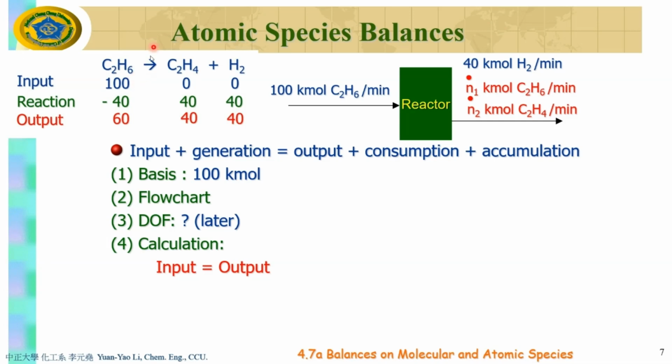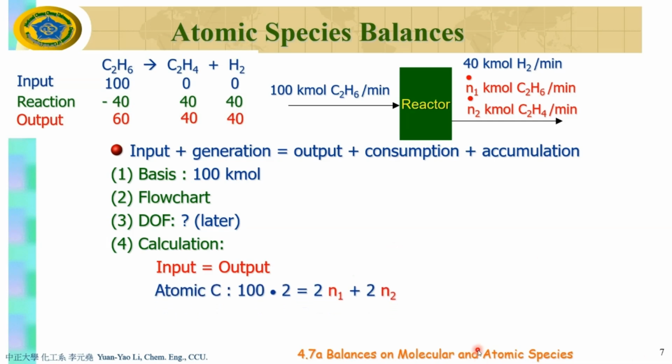So it becomes very easy. There's no generation of carbon in this case. There's no consumption of carbon. There's no accumulation. So basically, it's very easy. Input equals output. Carbon input equals carbon output. Hydrogen atom input equals hydrogen atom output.